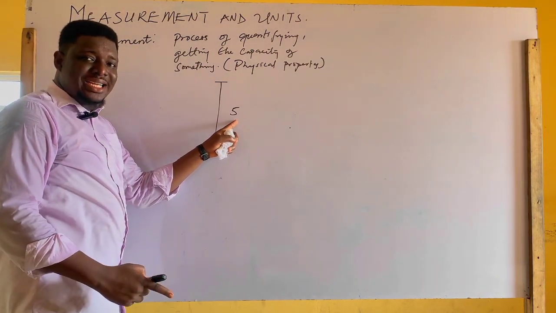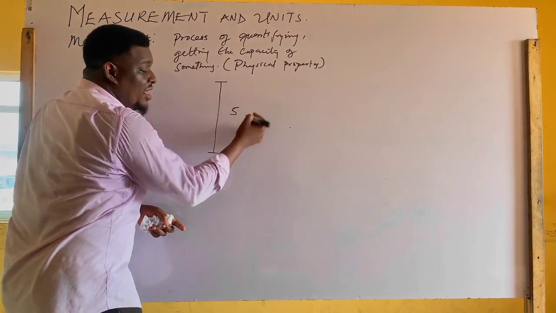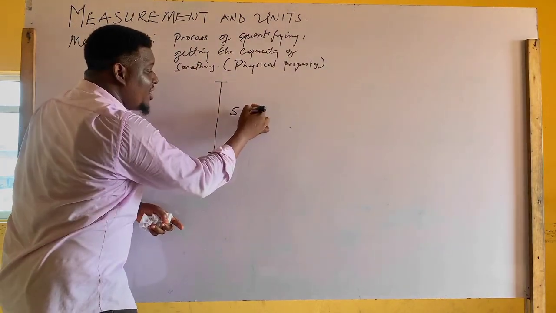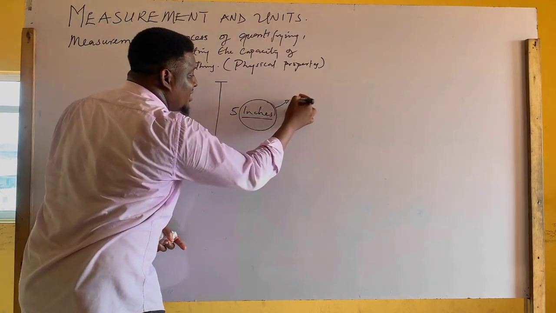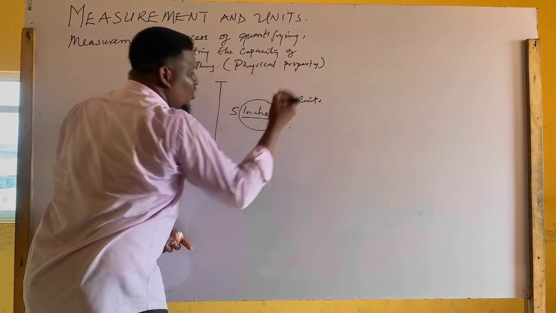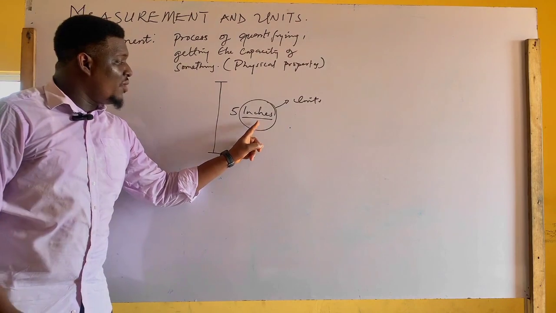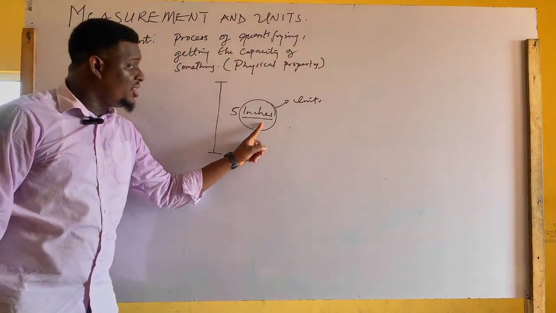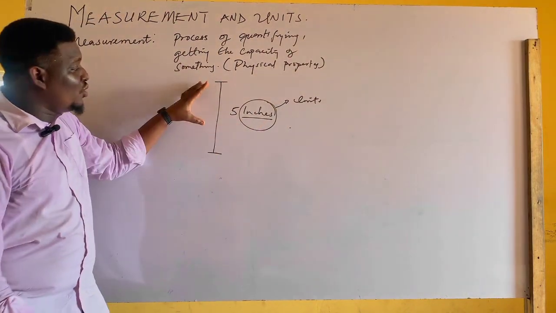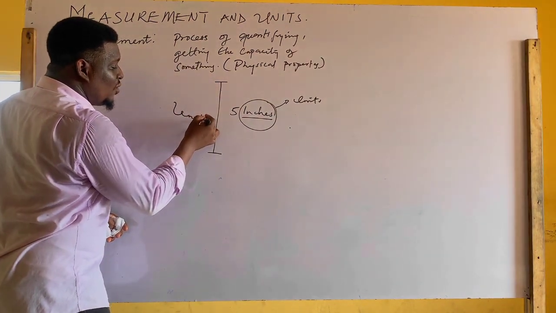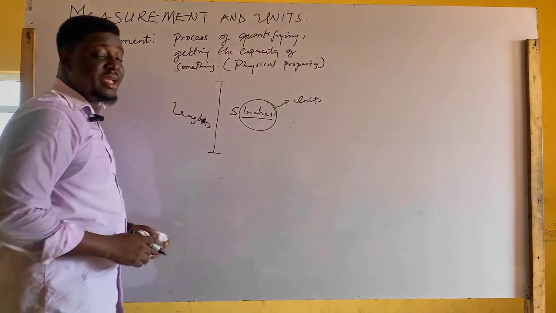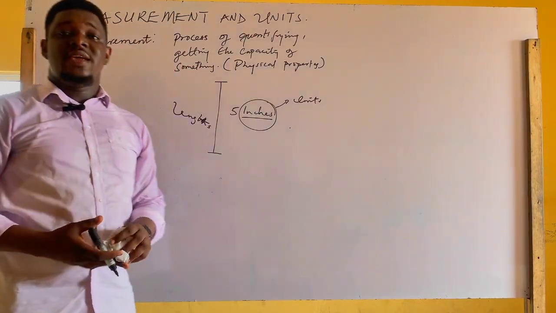You have to add something to it: 5 inches. This inches is what we call the unit. It makes us know that you are talking about length. So we have different measurements of physical quantities in physics.